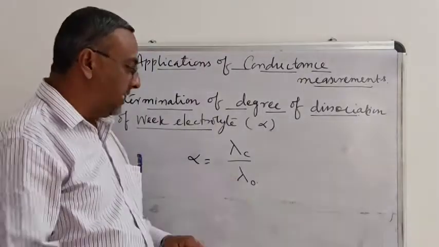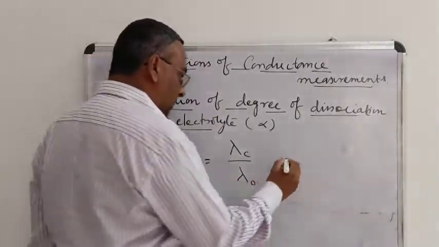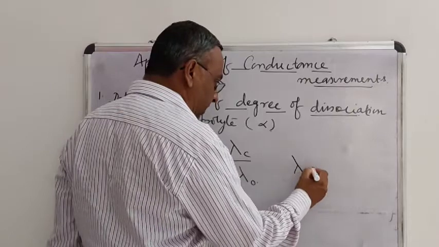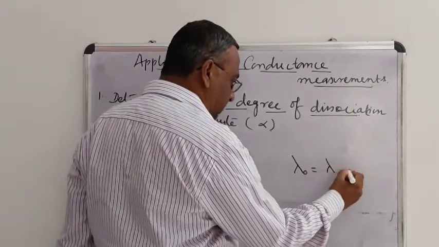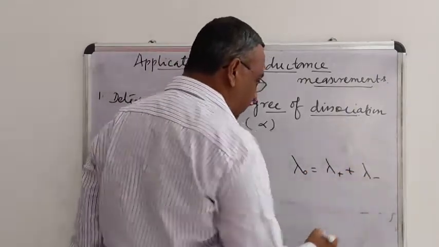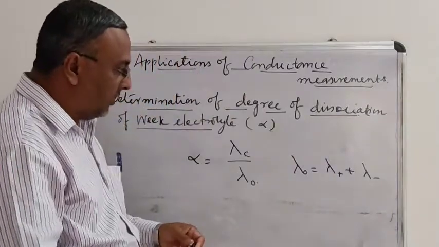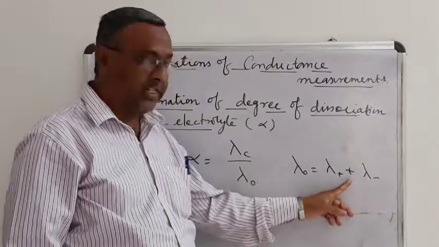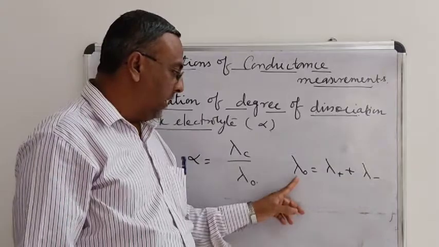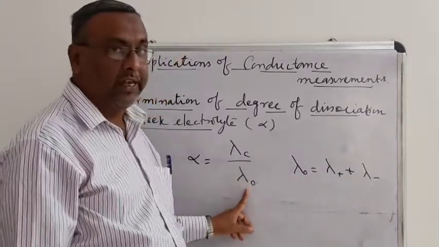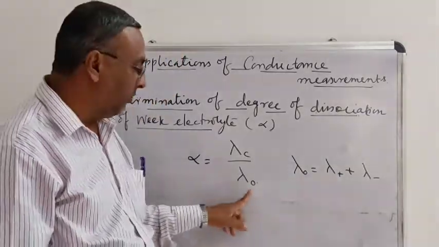According to Kohlrausch's law, lambda 0 is nothing but lambda plus plus lambda minus, the equivalent conductances of cation and anion added together. We get the equivalent conductance at zero concentration or at infinite dilution.